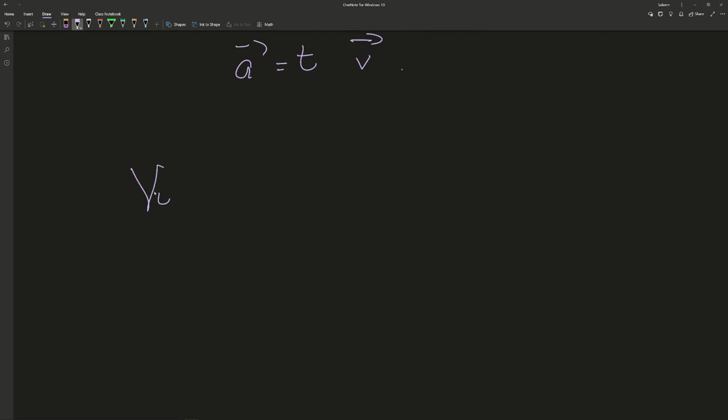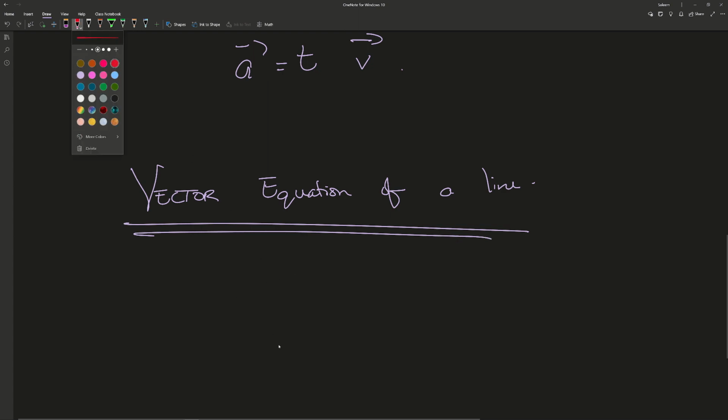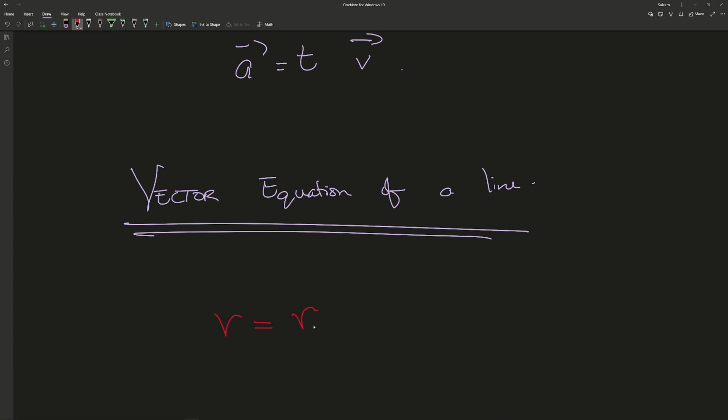So we have the vector equation of a line, and that is written as, let's write it in red, r is equal to r0 plus my scalar t, some people use lambda, and that's fine as well, by v. So this here is called my vector equation of a line. Let me put it in a nice box.